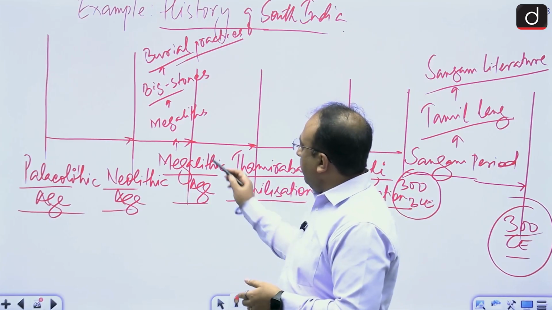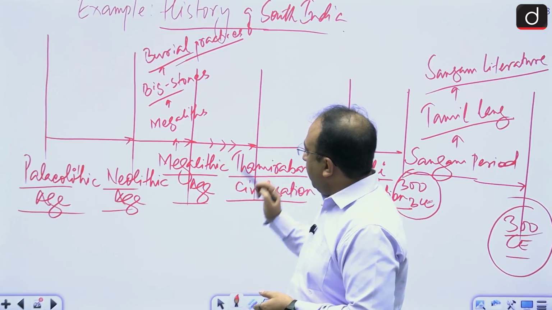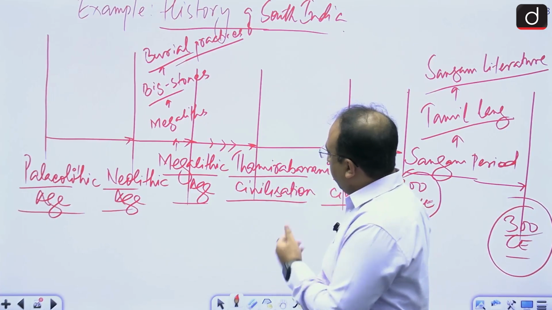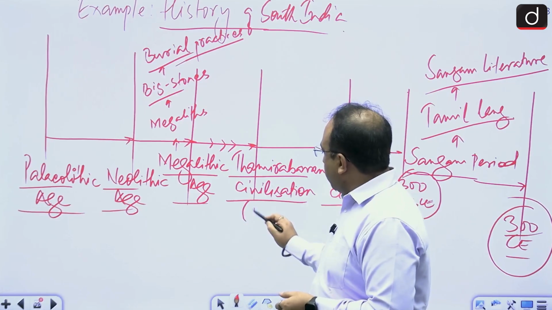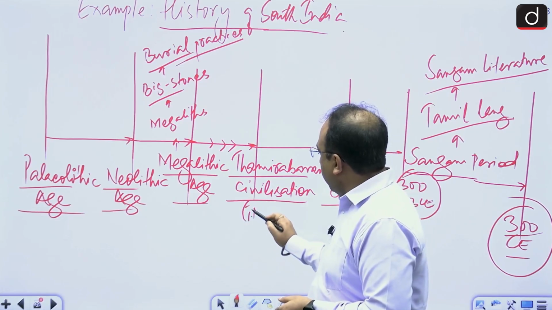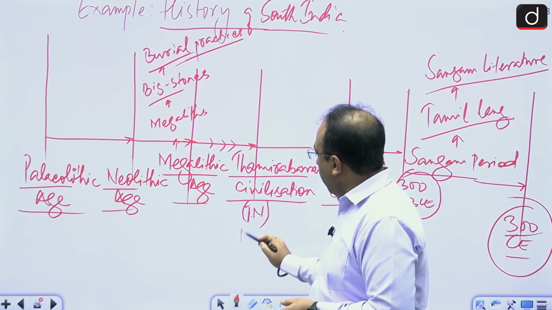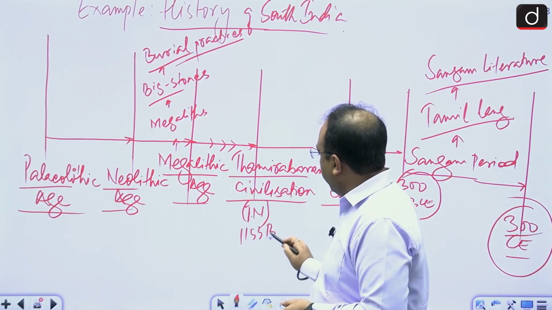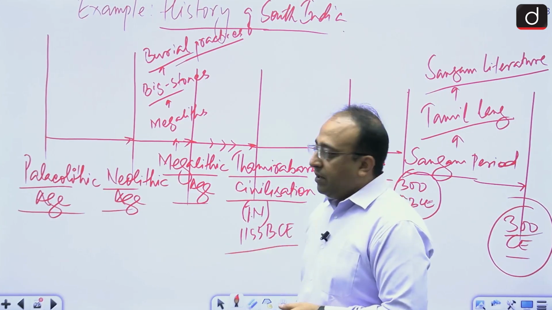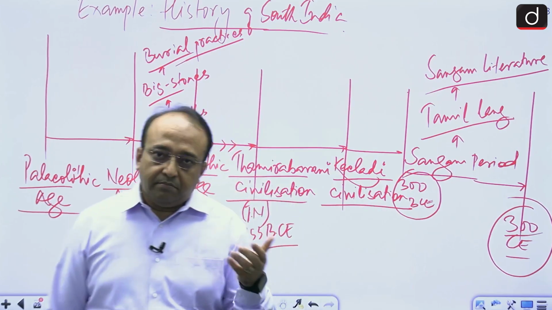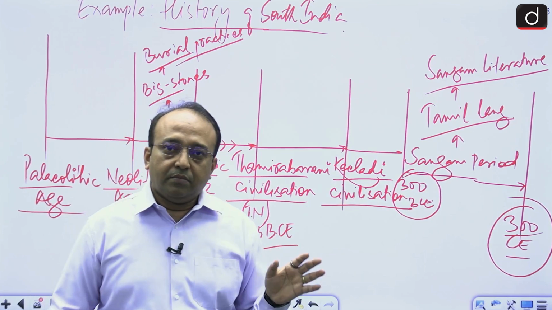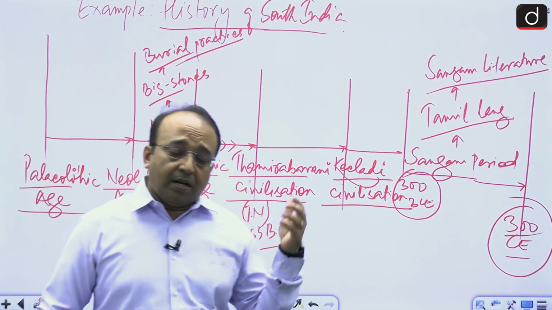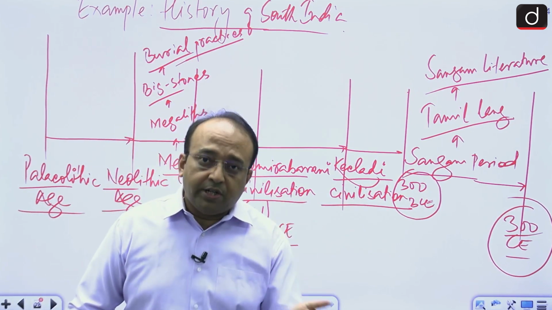This culture gave birth to the first civilization in South India, like Thamirabarni in Tamil Nadu. In Tamil Nadu, this civilization emerged somewhere around 1155 BCE. Now, I'm pretty sure that you must not have gone through this civilization because it has not been covered even in your history textbooks as of now.